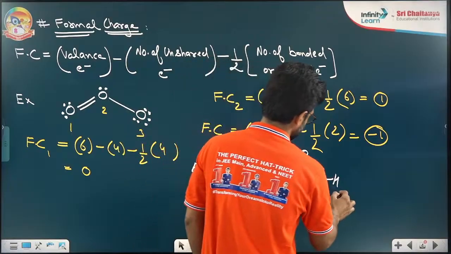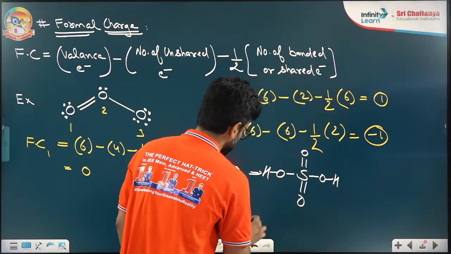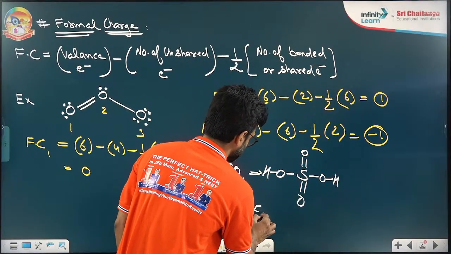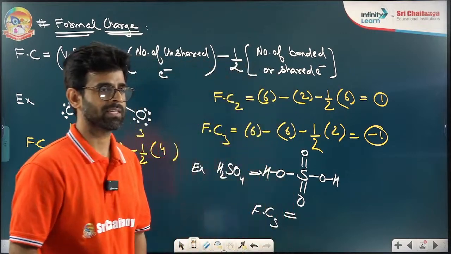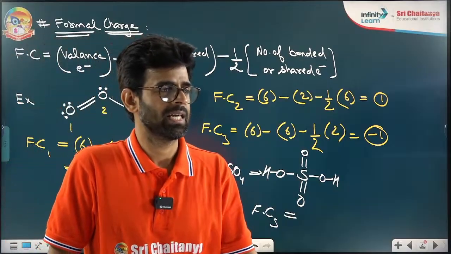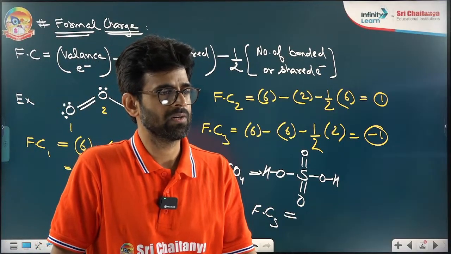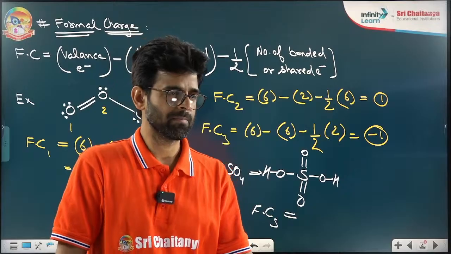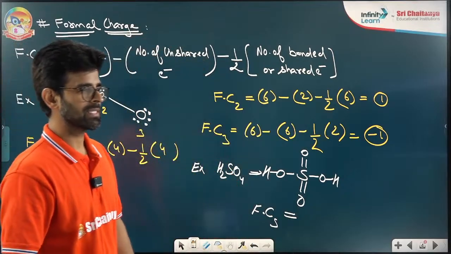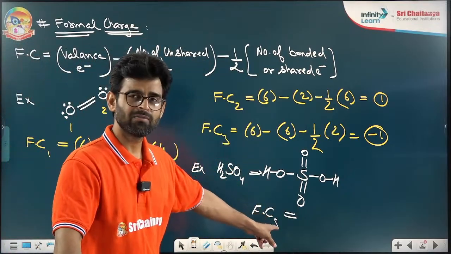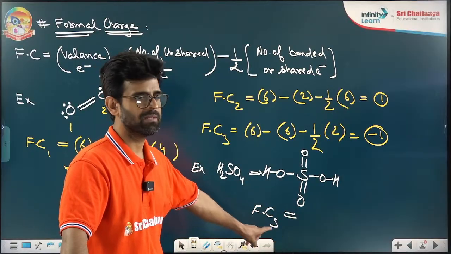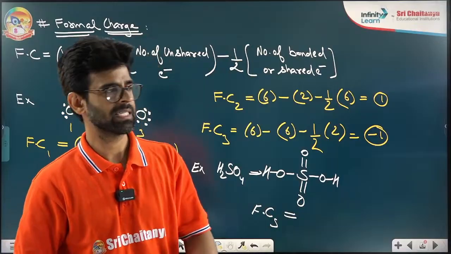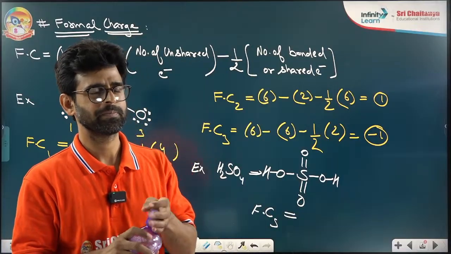Now here I am saying we have to find the formal charge for the sulfur. Look at this and find the formal charge for sulfur here, right? Okay, tell me now. For the sulfur, find the formal charge. Make it fast.